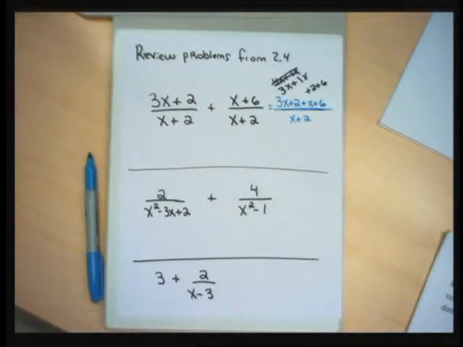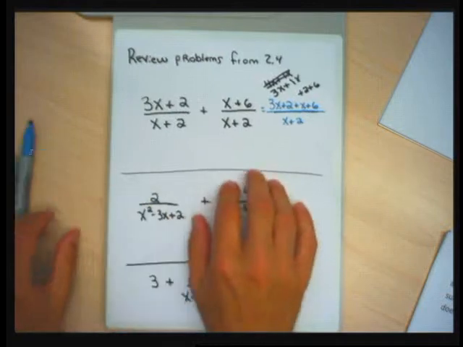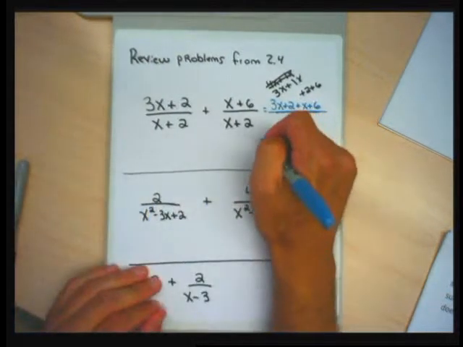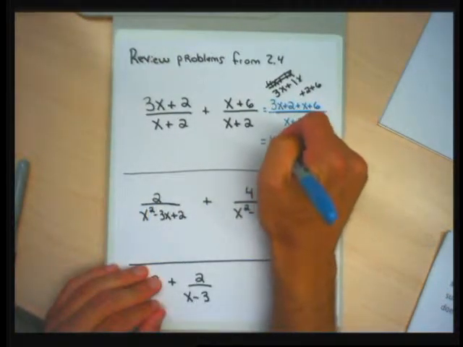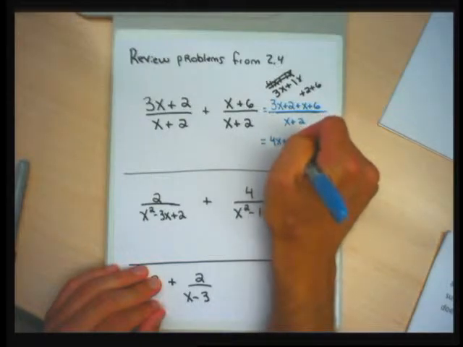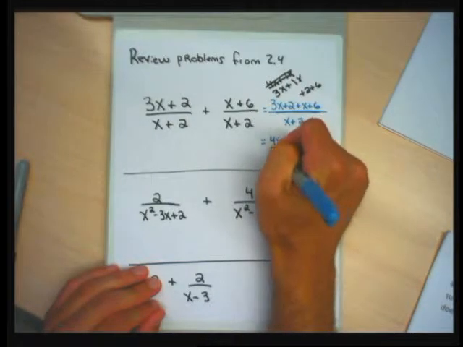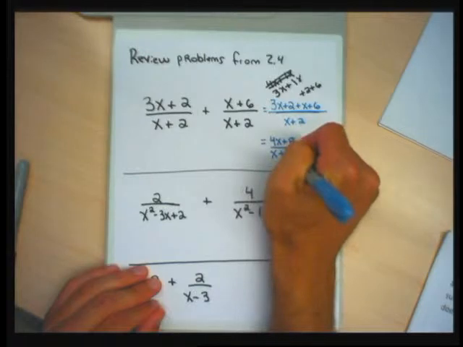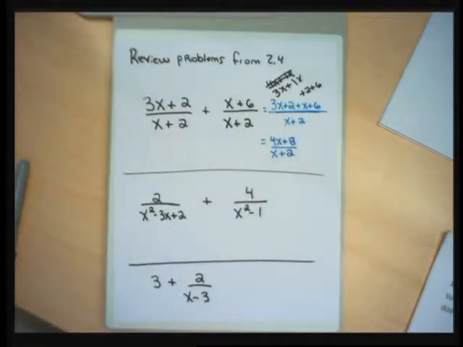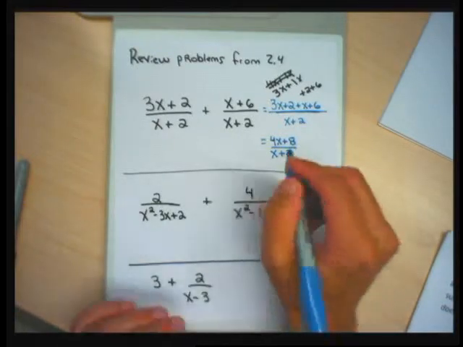And when I combine those like terms, I get 4x for the x part of the numerator, 8 for the constant part of the numerator. The denominator is still x plus 2. I always have to check if my numerator will factor, and if it will factor, I should factor it, and that's the case here.